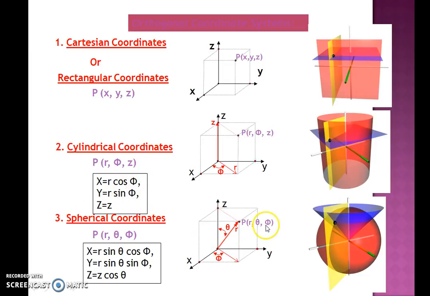Similarly, in the spherical coordinate system, the coordinates of point P become rho, theta and phi. This was already observed in previous slides and can be represented in 3D. You can refer to these three figures to check the coordinates in Cartesian, cylindrical and spherical coordinate systems.